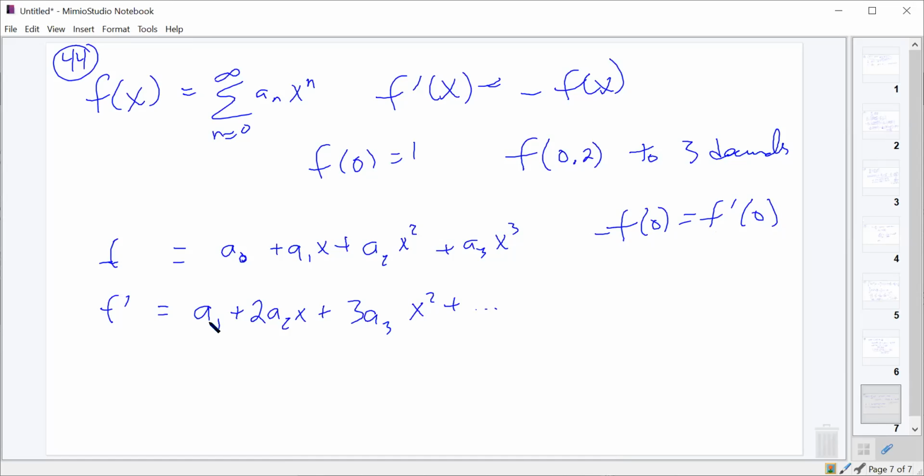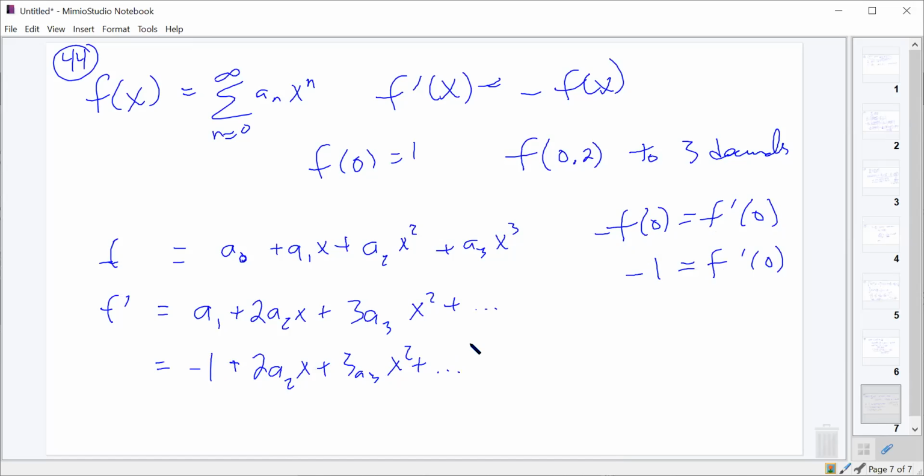So negative f of 0, which is 1, so negative 1 should be f prime of 0. So we should then be able to put in a negative 1 here. So we have negative 1 plus 2a sub 2x plus 3a sub 3x squared, and so on.